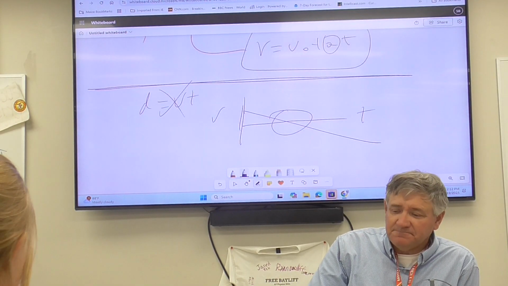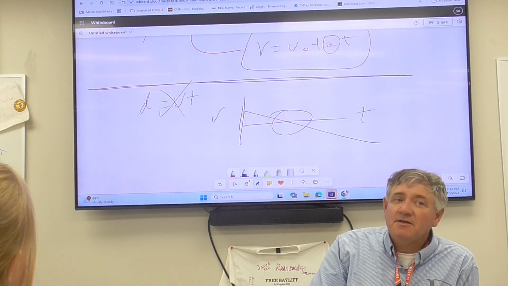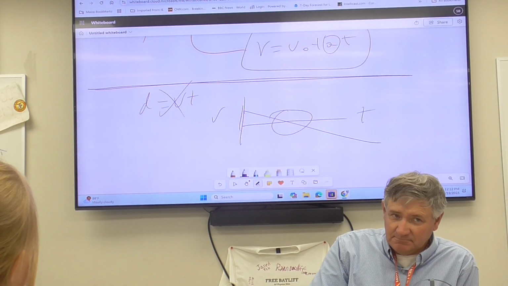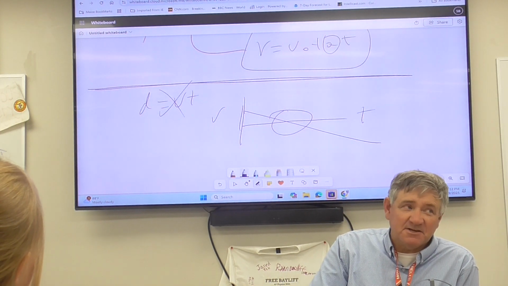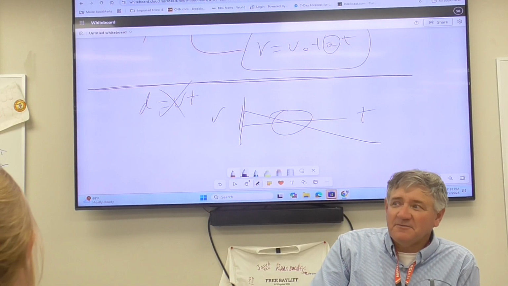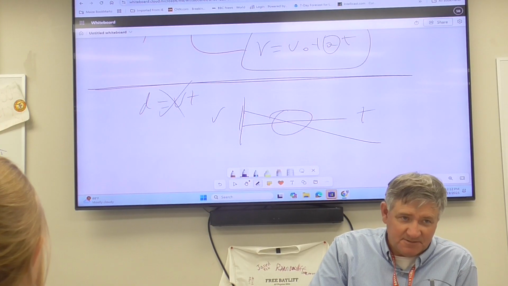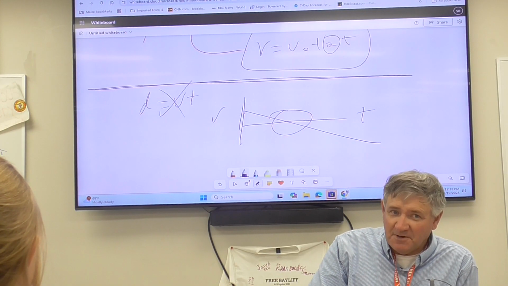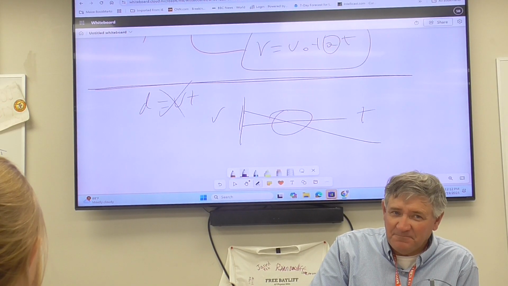True or false? If the slope of a velocity time graph changes sign, the object changes direction. I think that's true. So I'm going to say this again. If the slope of a velocity time graph changes sign, the object changes direction. True or false? False. Ella, you shake your head no. Why?